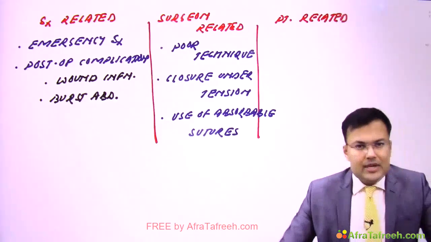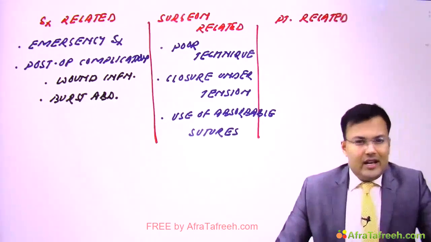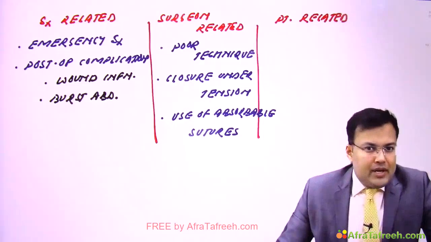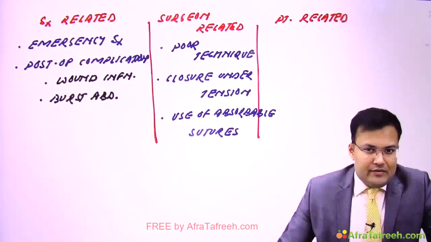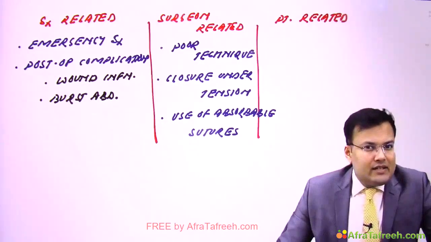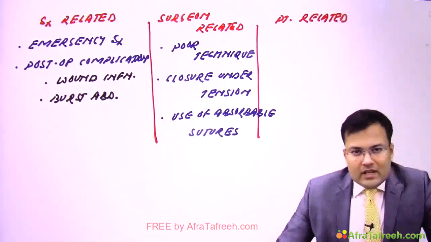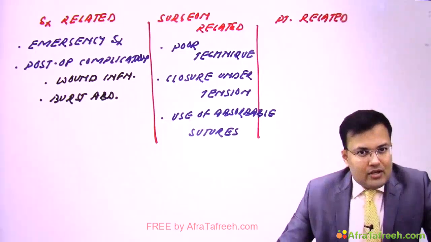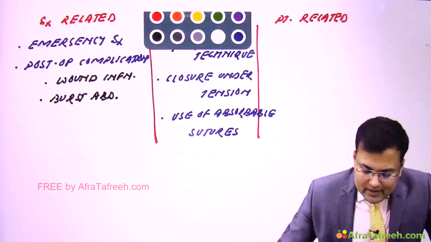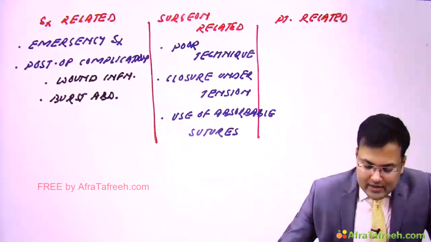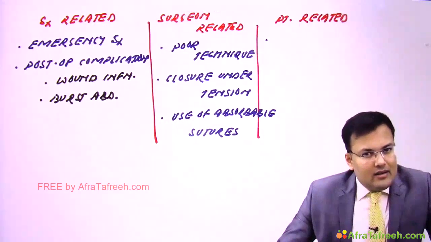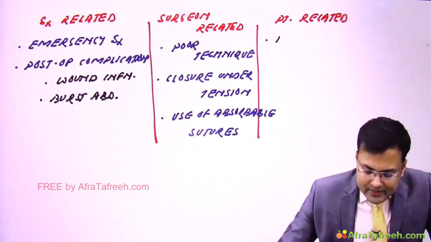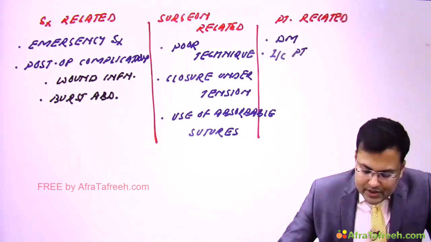Clear? Patient related factors. Now see, any condition which impairs wound healing and patient is suffering from that increases the risk of incisional hernia. And you must be knowing what's that one risk factor which is very, very important, and you will find it commonly: diabetes mellitus. So what are the factors which are going to impair the wound healing? Factors leading to impaired wound healing like diabetes mellitus, immunocompromised patient, or HIV positive patient.